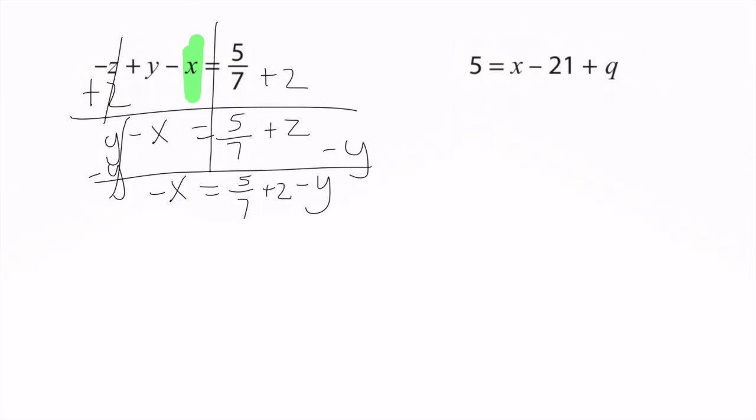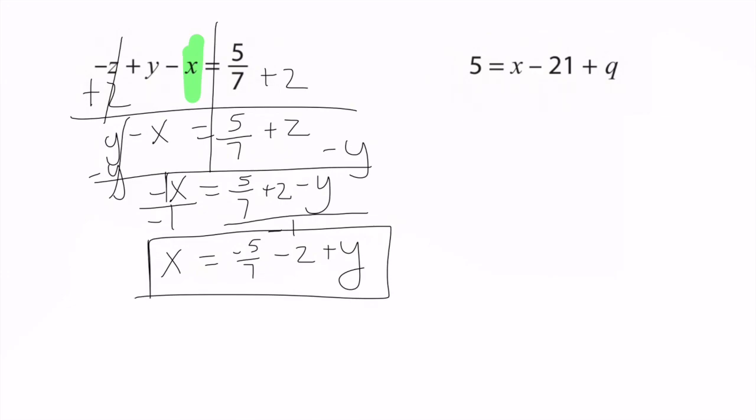Then we still have this -1, so we're going to divide by -1. When you divide by -1, it just changes all of the signs. So then we have -5/7 minus z plus y as your answer.